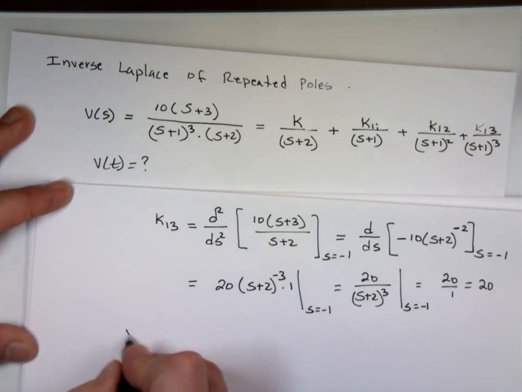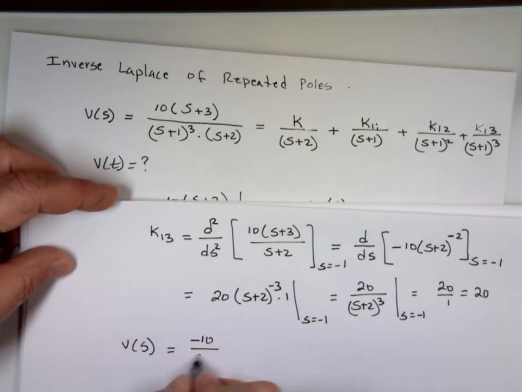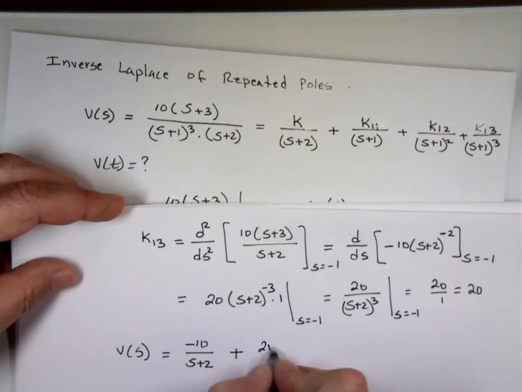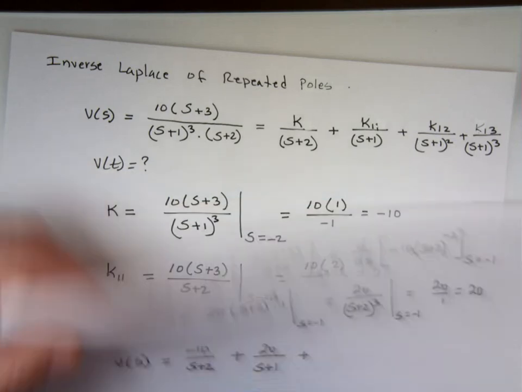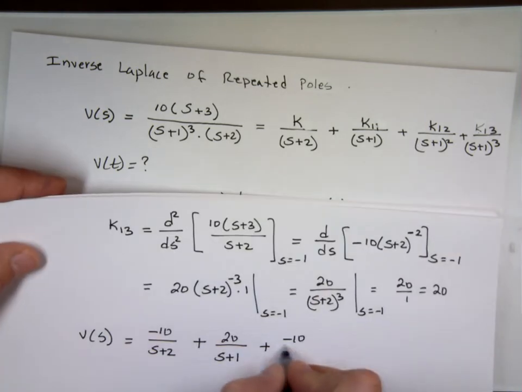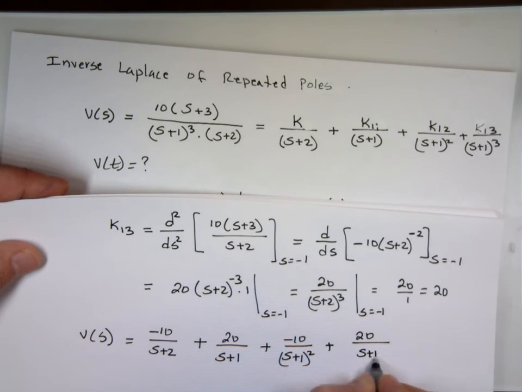So I can write V of s, which is negative 10 over s plus 2, plus K11, which is 20 over s plus 1, plus the other one, which is negative 10 over s plus 1 squared, and the last one, 20 over s plus 1 cubed.